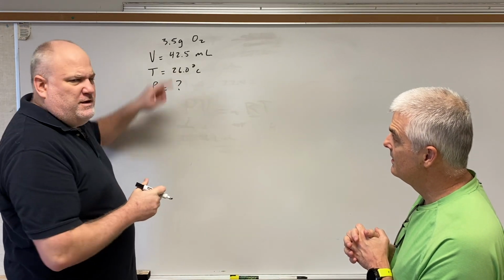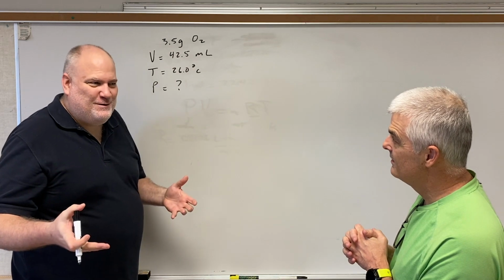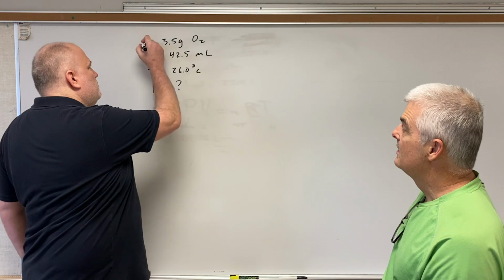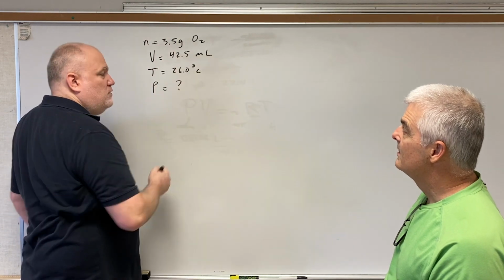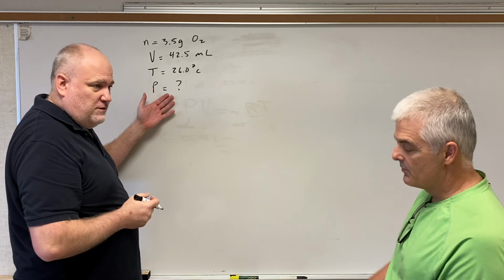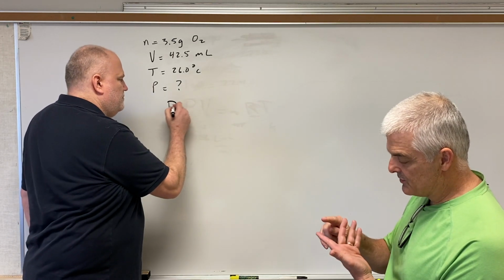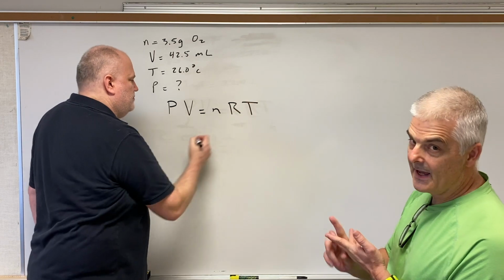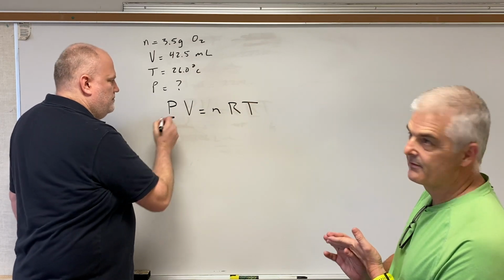He said grams here, and if you remember before, we never use grams in our problems. It's almost like a reflex. As soon as we have grams, this somehow is going to have to give us our moles, because they're giving us 3 of 4 variables and asking us to solve for the 4th. It's PV equals nRT, and it's got to be in liters, atmospheres, moles, and Kelvin, and actually none of these are in those.